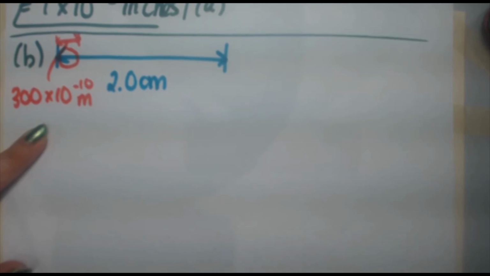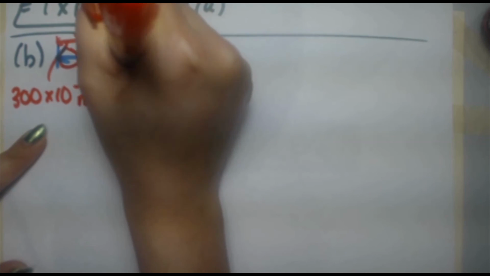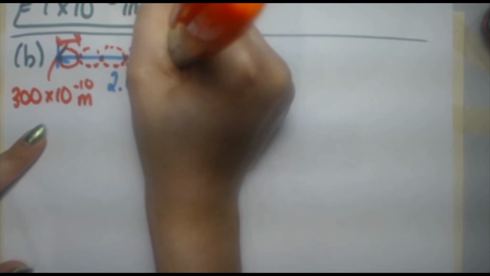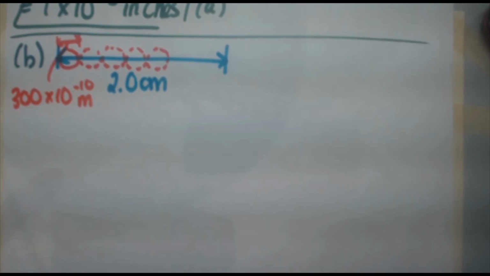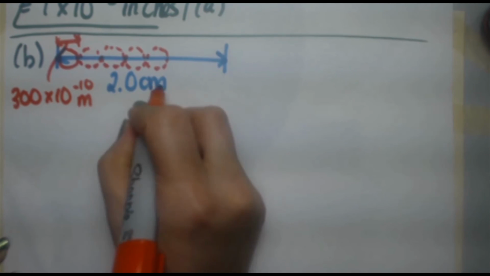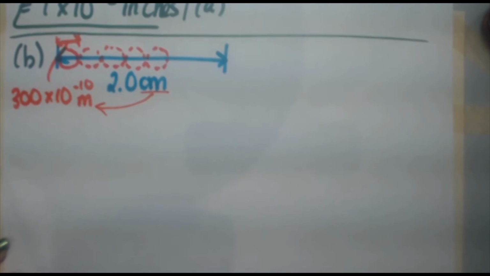So that's 300 times 10 to the minus 10 meters. And we're trying to figure out how many can we fit. Obviously this diagram is not to scale, but you get the idea. How many can we fit along that line? There's only one thing we have to do, and that's convert the centimeters to the unit of meters. So let's go ahead and do that.